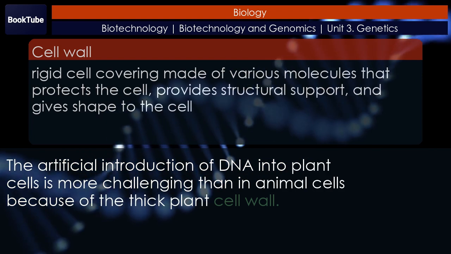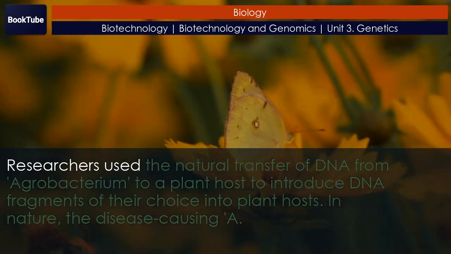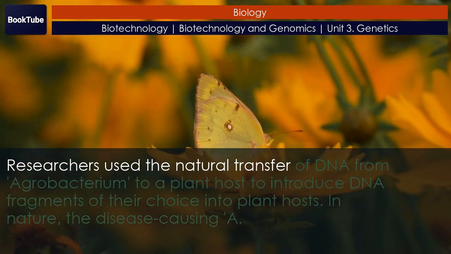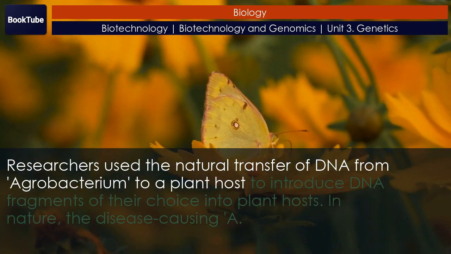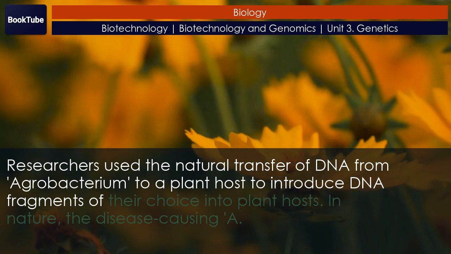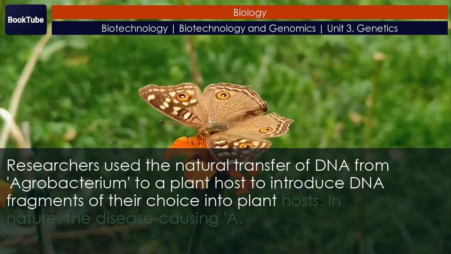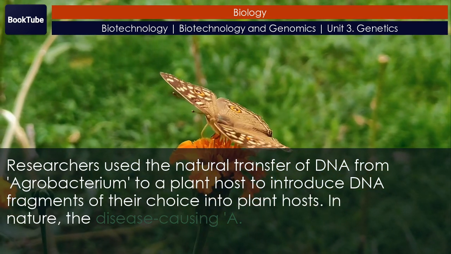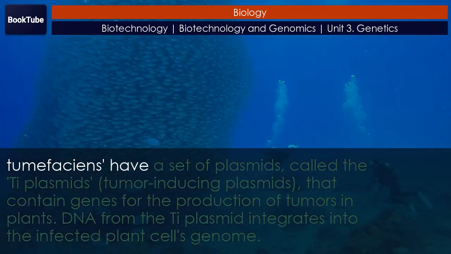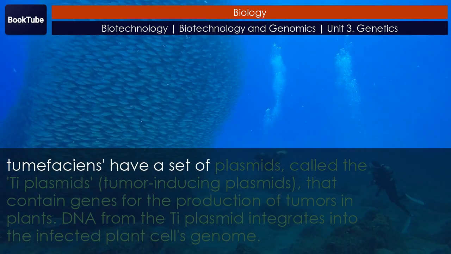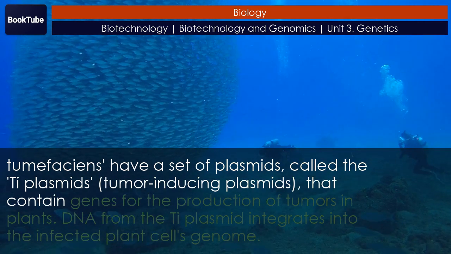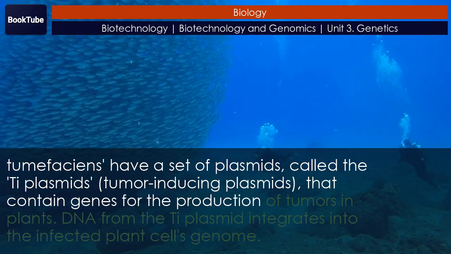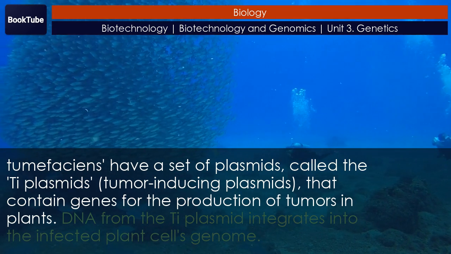Because of the thick plant cell wall, researchers used the natural transfer of DNA from Agrobacterium to a plant host to introduce DNA fragments of their choice into plant hosts. In nature, the disease-causing A. tumefaciens have a set of plasmids, called the Ti plasmids, tumor-inducing plasmids, that contain genes for the production of tumors in plants.